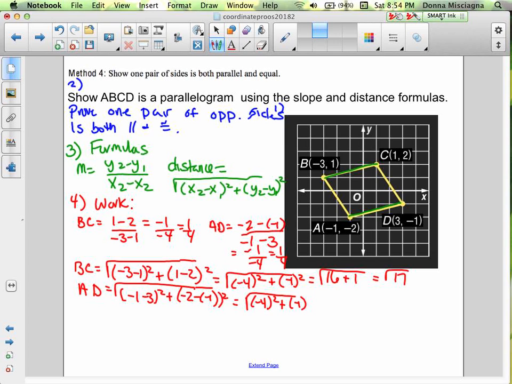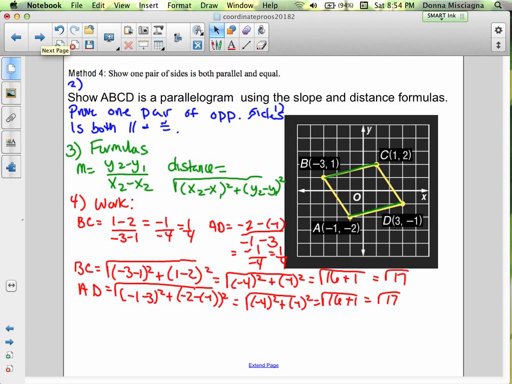And I think you can see that that's going to be, again, 16 plus 1, which is the square root of 17. All right, so that's all the work we need to do, because we don't care about the other two sides. Could I have used AB and CD? Absolutely, we could switch and use those. Do we need to do all four sides? Absolutely not. That's overkill. That's much more than we need. We're using one pair of opposite sides.